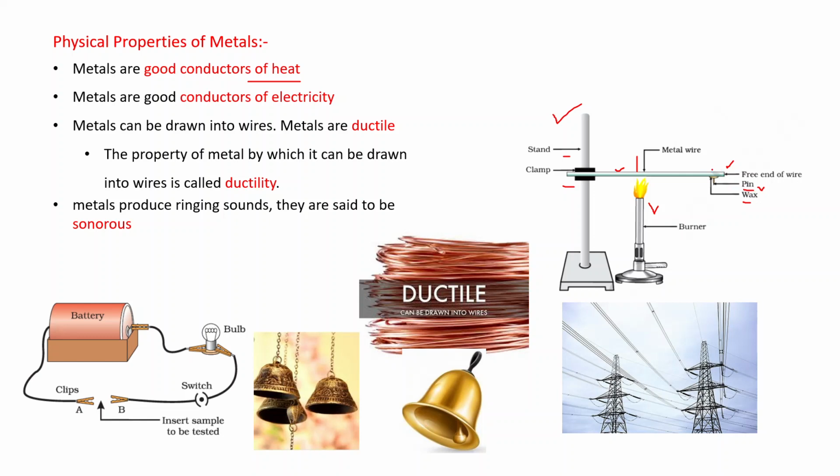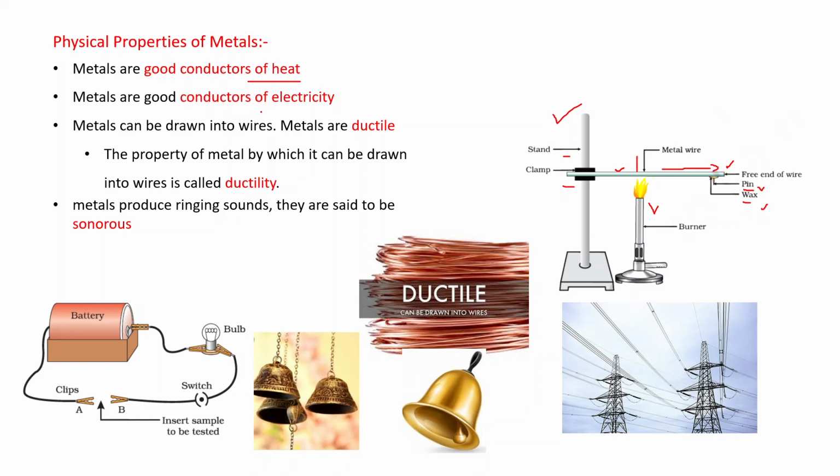Why? Because when we heat this metal rod, the heat is supplied to this end and this end also becomes hot, and due to this the wax will melt and the pin will fall down. This activity explains that metals are good conductors of heat.